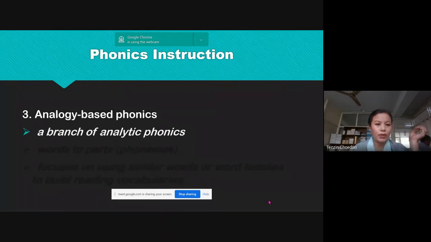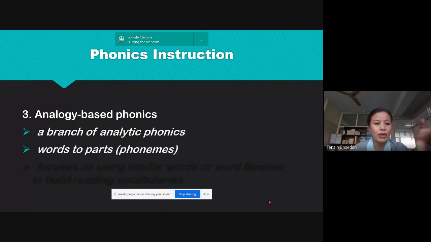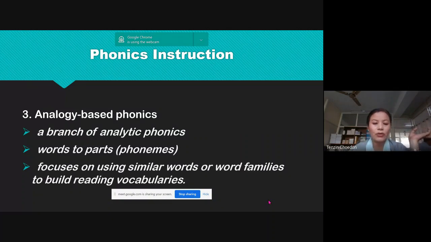The third one is analogy-based phonics. This is quite similar to analytic because it is a branch of analytic phonics. Again, it goes from words to parts, so words are broken into smaller parts, coming to phonemes. It focuses on using similar words or word families to build reading vocabularies.